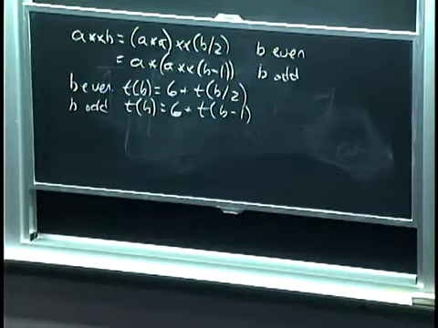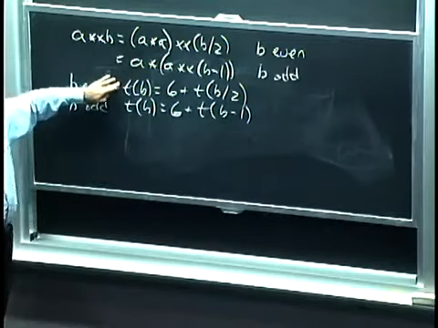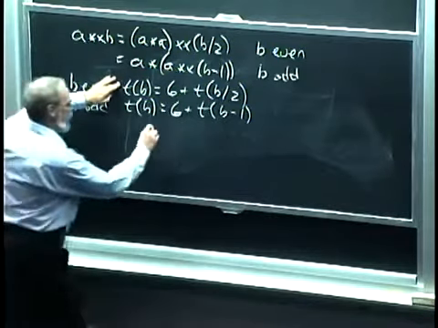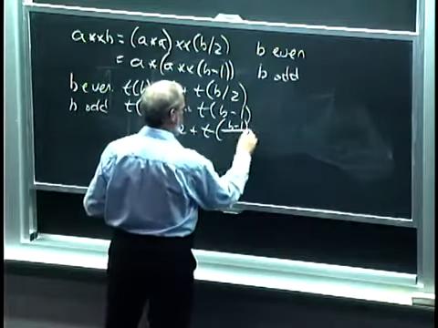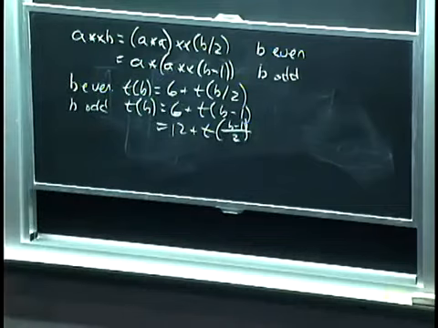Because it's now solving a 1 smaller problem. On the next step, though, this will get substituted by that. Right, on the next step, I'm back in the even case. It's going to take 6 more steps plus T of (B minus 1) over 2, because B minus 1 is now even.